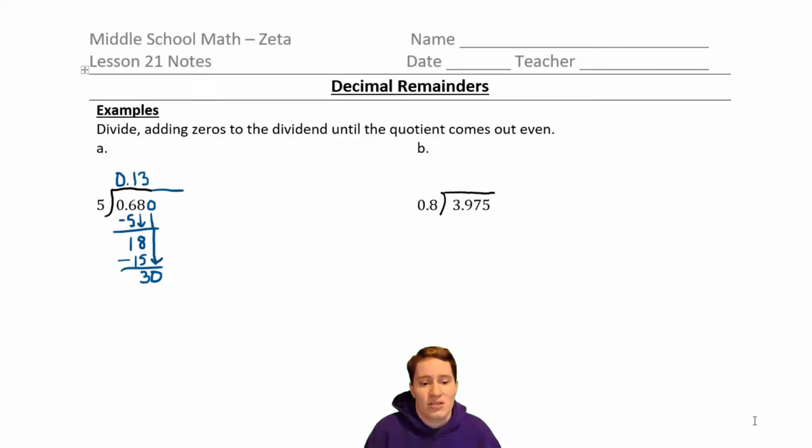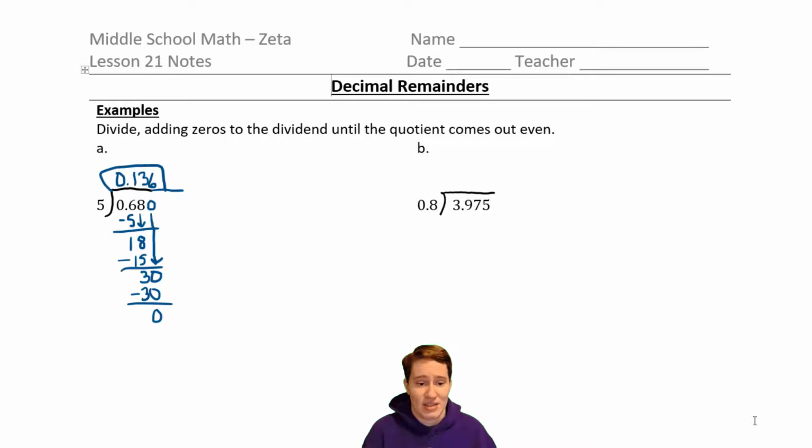So 5 into 30 happens 6 times, and then we subtract 30. And see, this did work out evenly. We only needed to add 1 zero. There maybe wasn't a way to know for sure how many zeros we might need to add. We just had to take it one step at a time and see what happened. So 0.68 divided by 5 is 0.136.